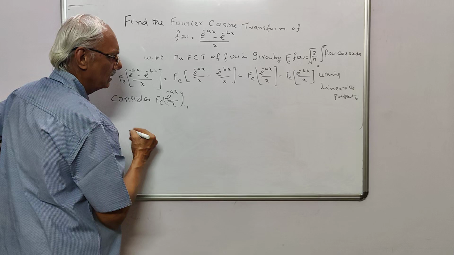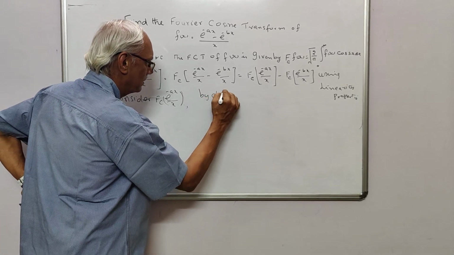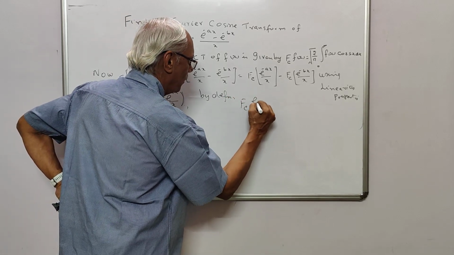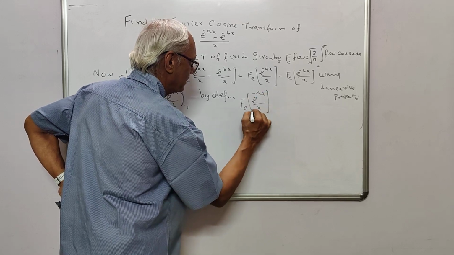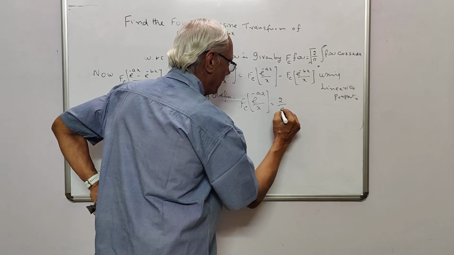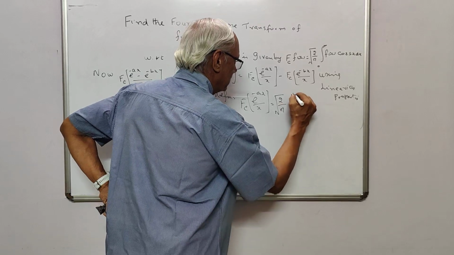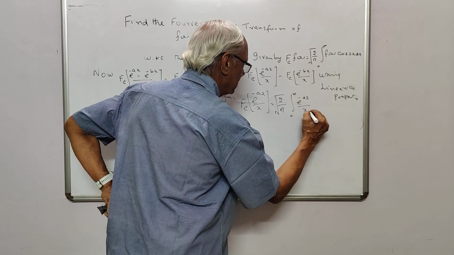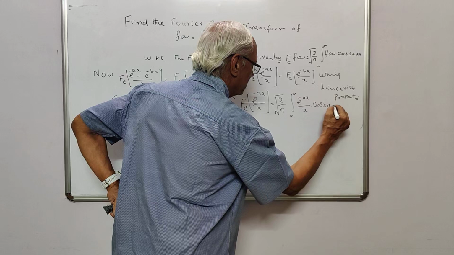By definition, Fc of e to the power of minus ax by x is equal to square root of 2 by pi, integral from 0 to infinity, e to the power of minus ax by x into cos sx dx.